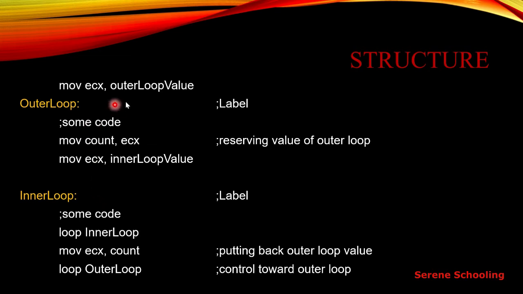Like it will execute only once, then all this inner loop will complete all its iterations. Suppose I have entered 3 over there, so it will execute 3 times. It will then go back to the outer loop, it will execute only once, then again it will execute 3 times, then again like this. It depends upon whatever you have moved into the ECX, that is the outer loop. So this is how the basic nested loops work.